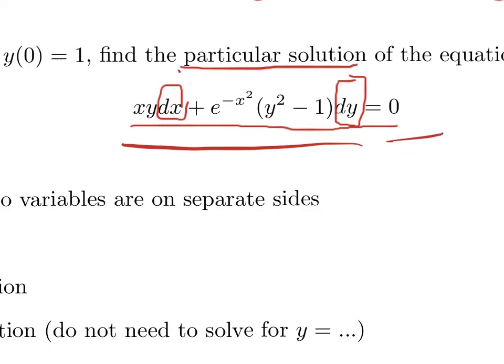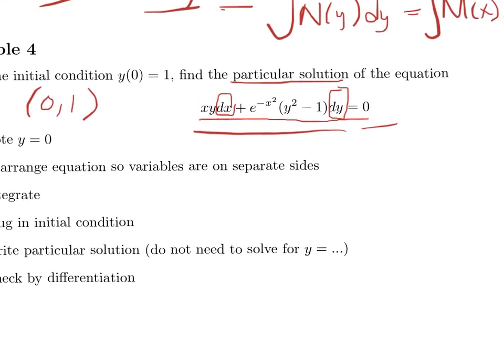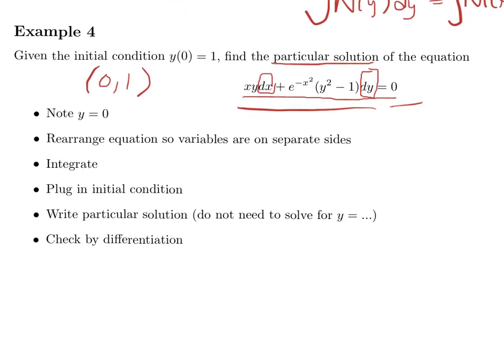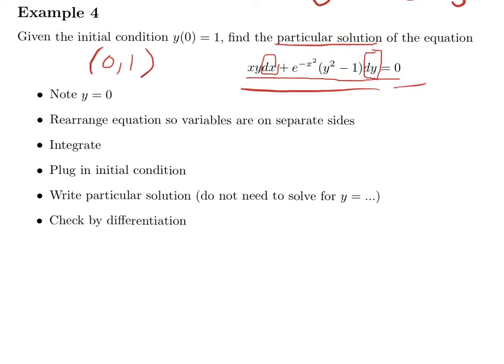A solution would mean if I plug something in, I get the left and right equal. We'll have to take a look at y equals 0 one more time. But even if y equals 0 is a solution, it doesn't match the particular solution we're being asked to find. When x is 0, then y is 1, so we know y equals 1 has to be part of our solution.